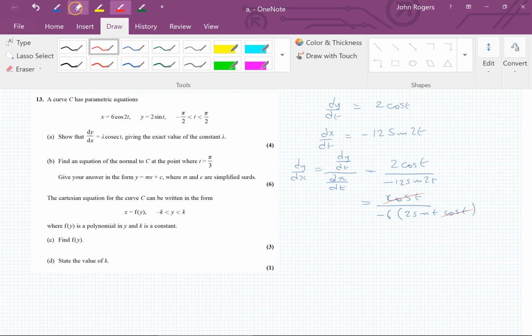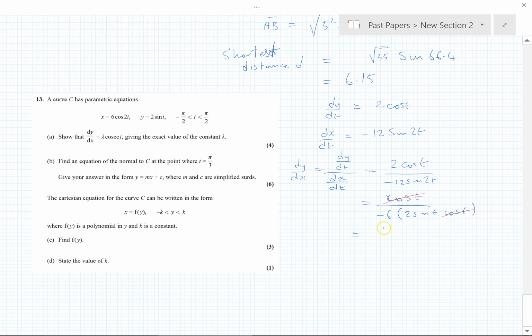So that gives us minus 1 over minus 12 sine t, which is minus 1 over 12 cosec t. There you go, that's that part A done.